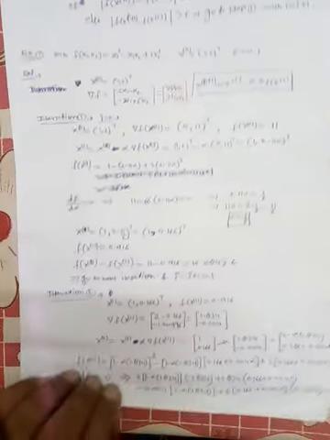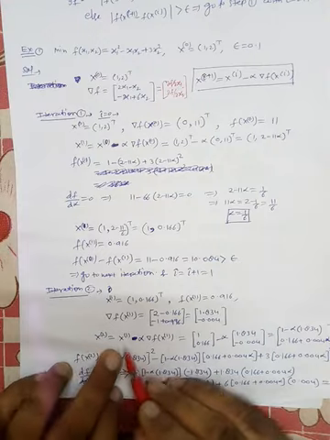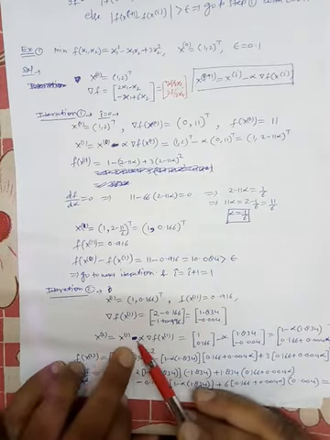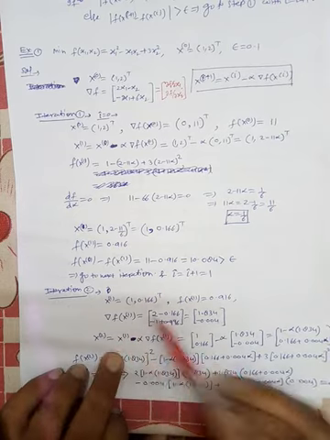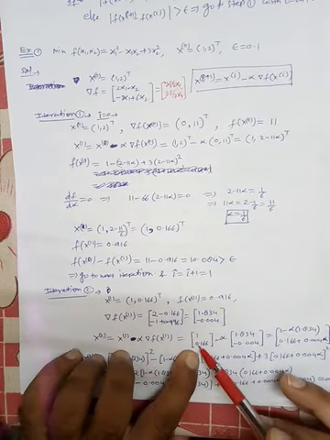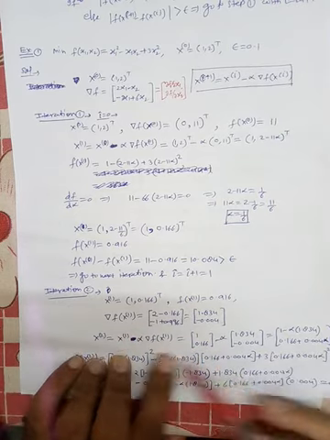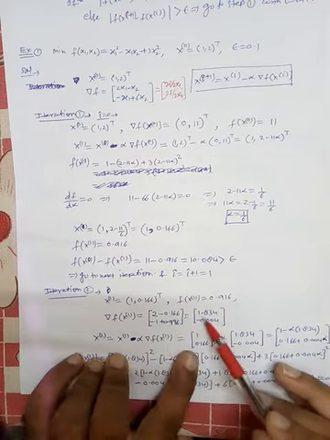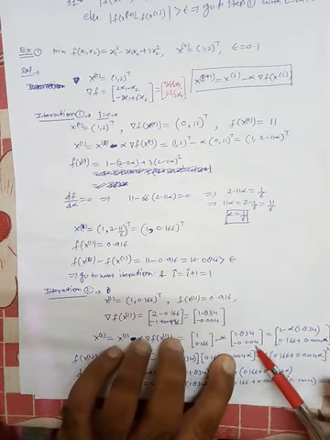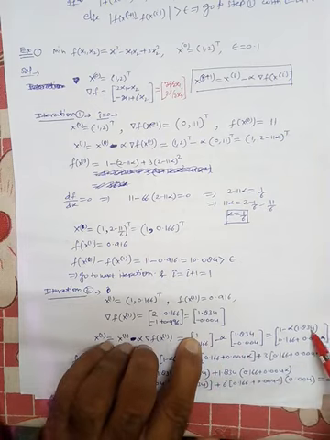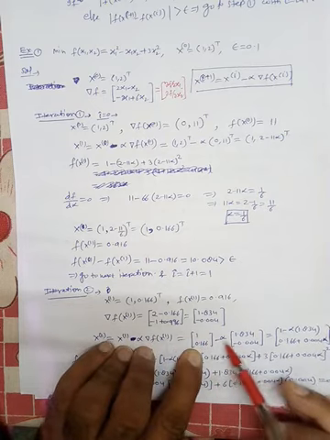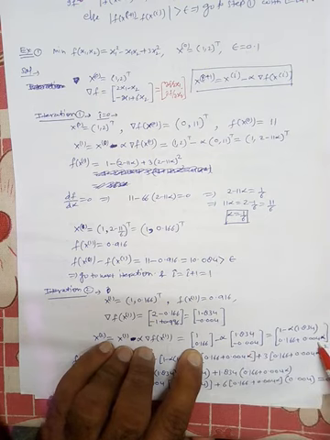Now x2 is according to this equation, x1 minus alpha gradient f of x1. x1 is the point 1 and 0.166, minus alpha times this value, 1.834 and minus 0.004. So for 1 minus alpha into this, and 0.166 minus alpha times this, we get this equation.